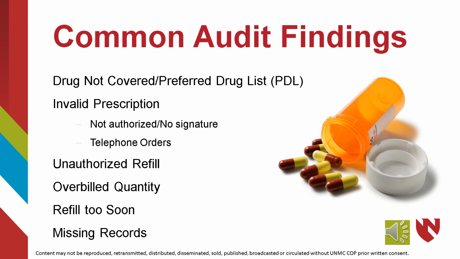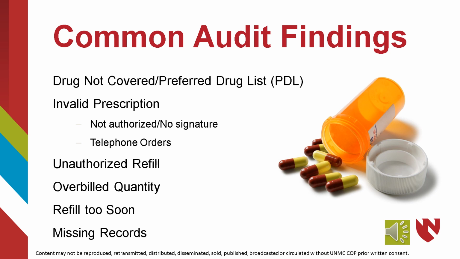Unauthorized refill: sometimes a pharmacy may automatically refill a medication when it's not authorized. Sometimes, especially when we're looking at long-term care, the refills are automatically happening every month, and we need to make sure they're authorized from the provider or prescriber.